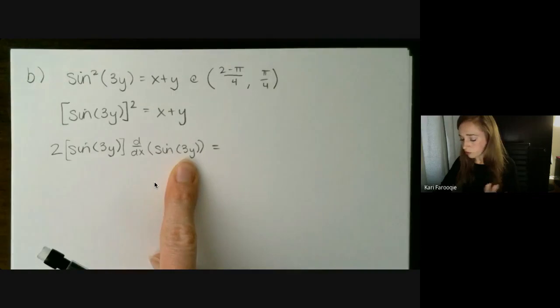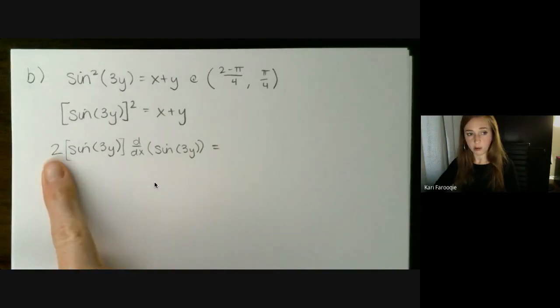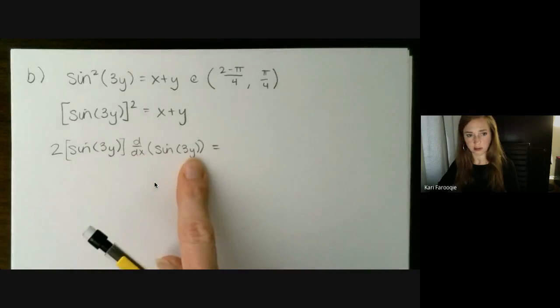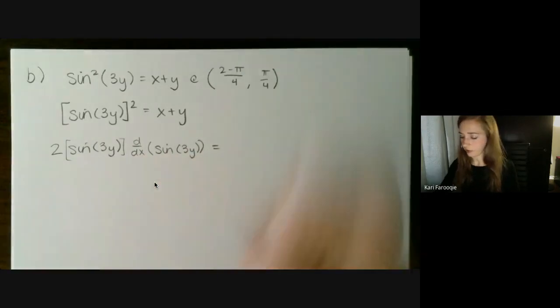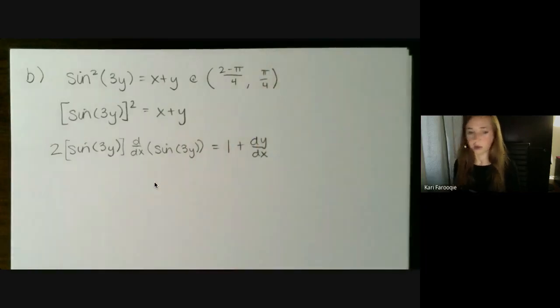So don't think I forgot about it. We're going to pop it in here when we're done. Okay, so we use the general power rule, 2 times sine 3y to the first, and then we'll take the derivative of the inside function in the next step. The derivative on the right-hand side is 1 plus dy dx. Questions so far?